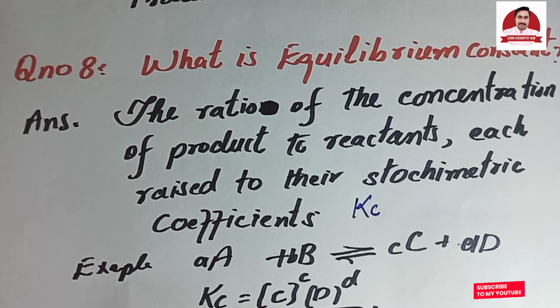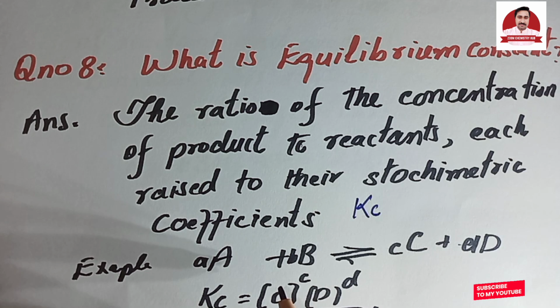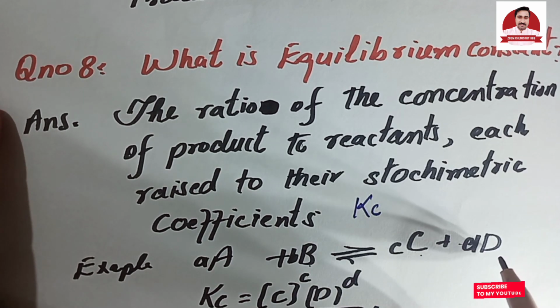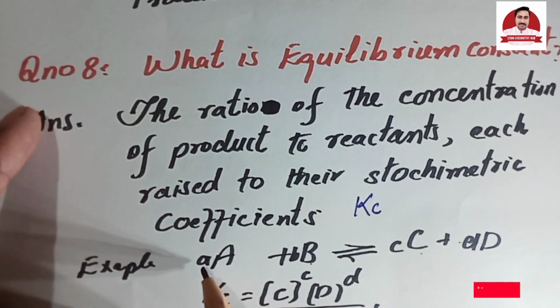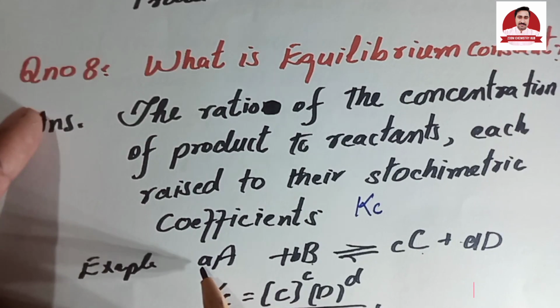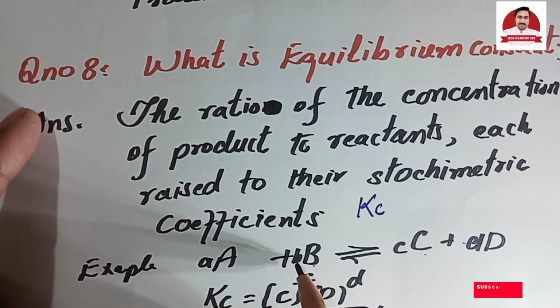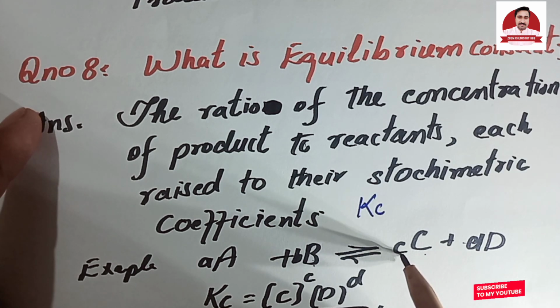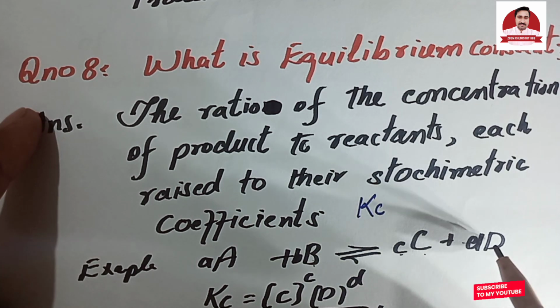For example, we have a reversible chemical reaction in which A and B are the reactants and C and D are the products, and small a is the mole of A, small b is the mole of B, small c is the mole of C, and small d is the mole of D.